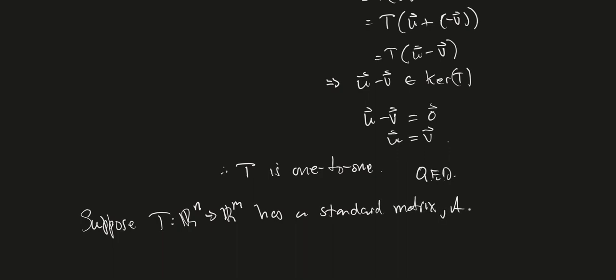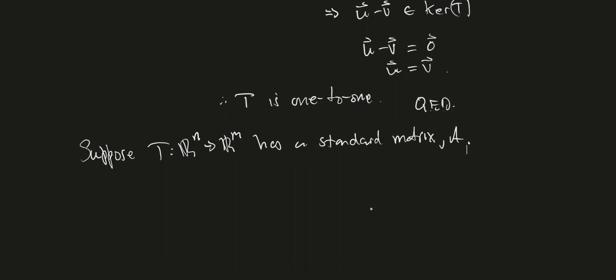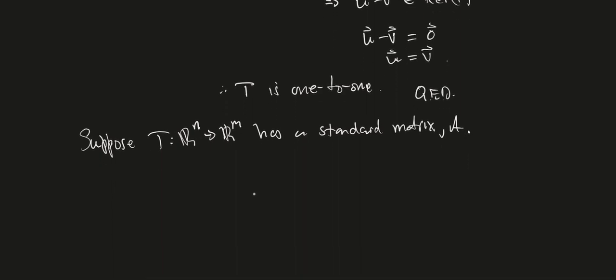Let's just call it A, right? And basically we can identify both of these properties by looking at properties of the matrix A, right? Because every linear transformation from Rn to Rm can be represented by a matrix multiplication, right?